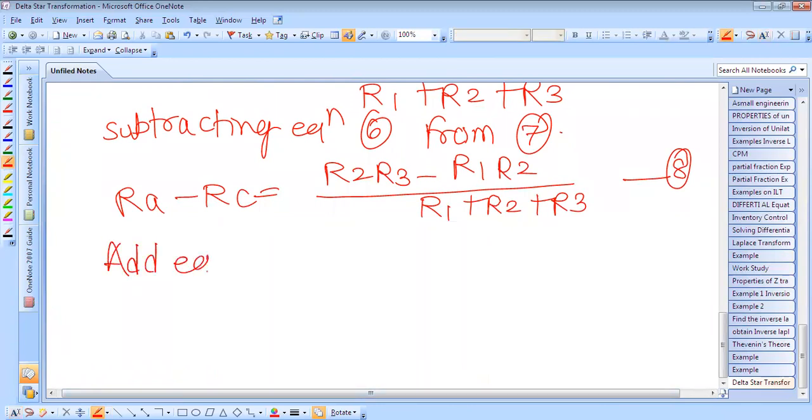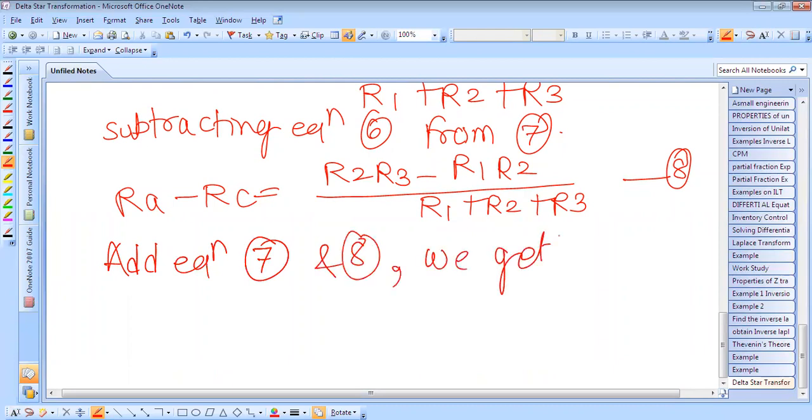Add equations 7 and 8, and also divide by 2.